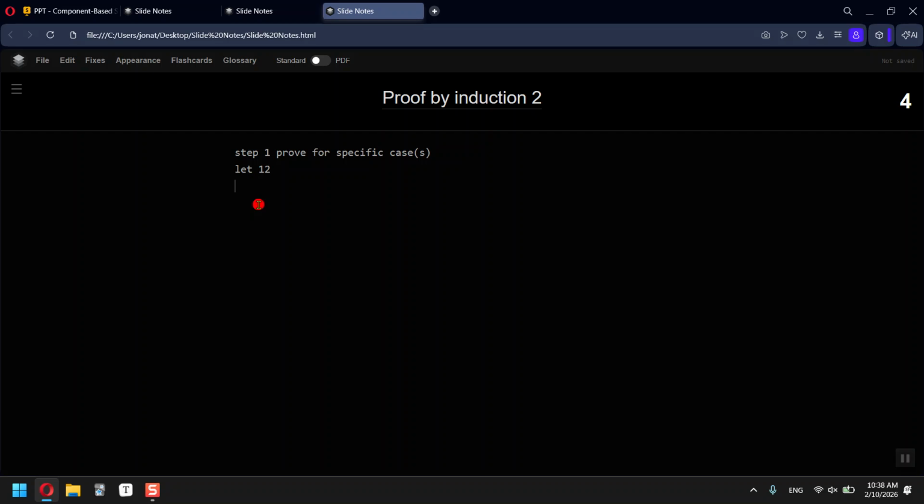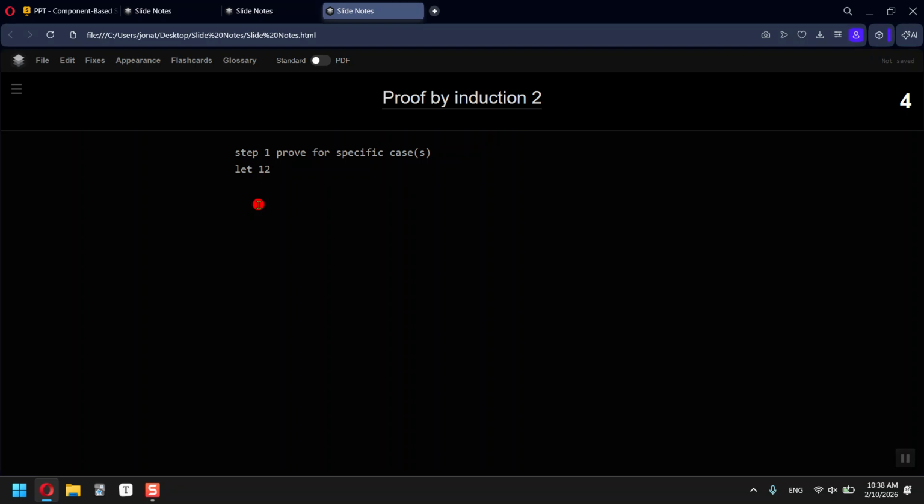So if we substitute this, we have 4x plus 5y plus 5, and we can write that as 4x plus 5(y plus 1).